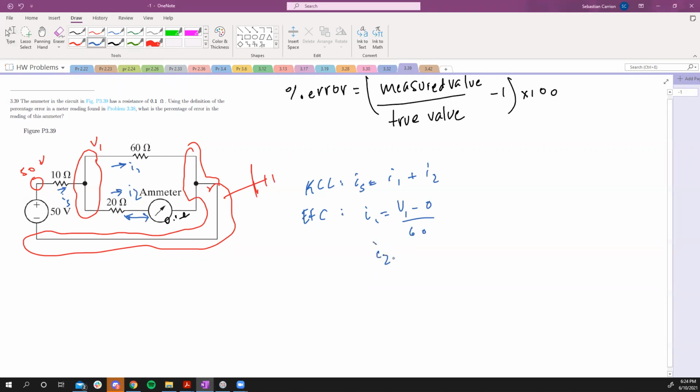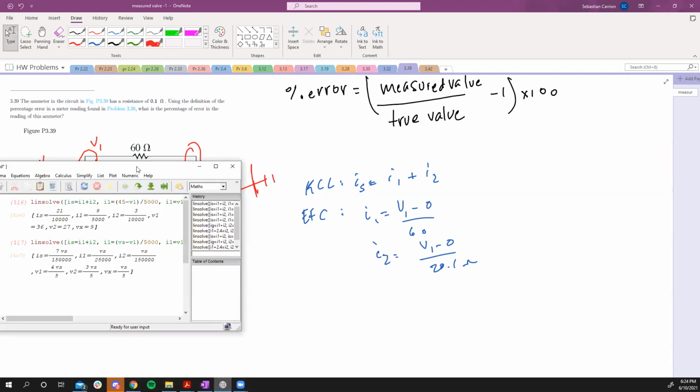And then I2 is going to be equal to V1 minus 0 over 20.1 ohms. Right, and so we want to find IS, which is our initial current. So let's plug this into Maxima.